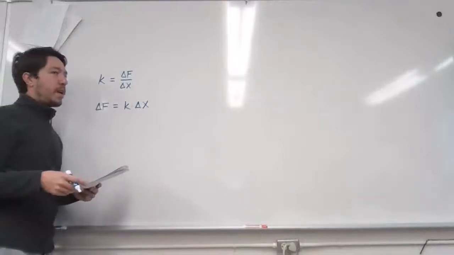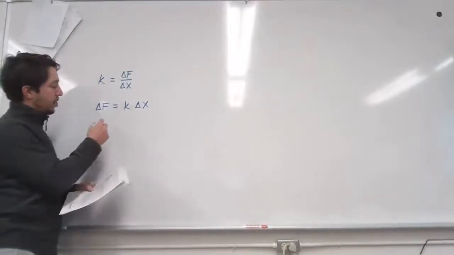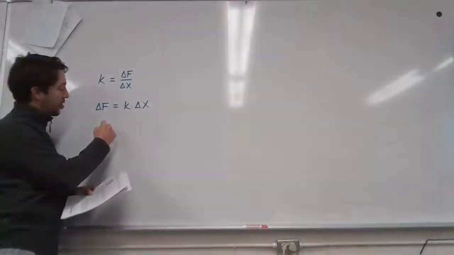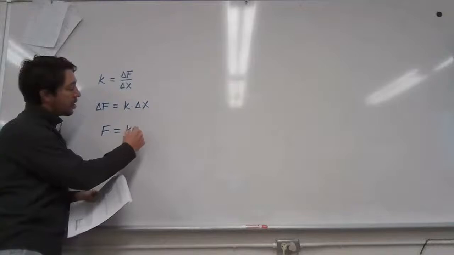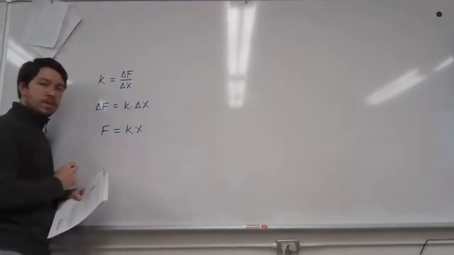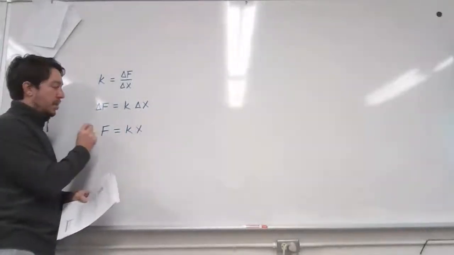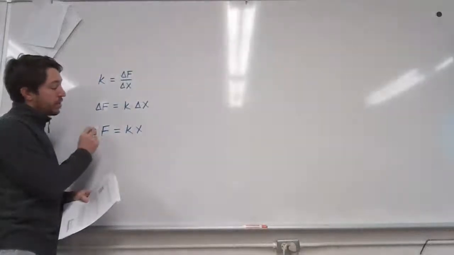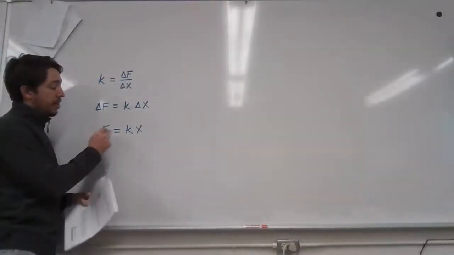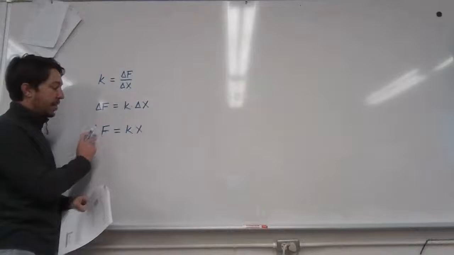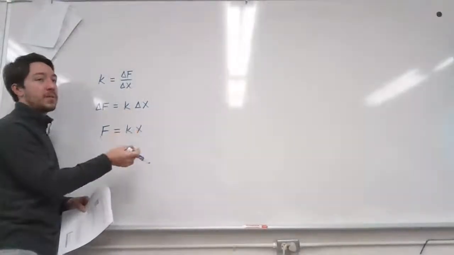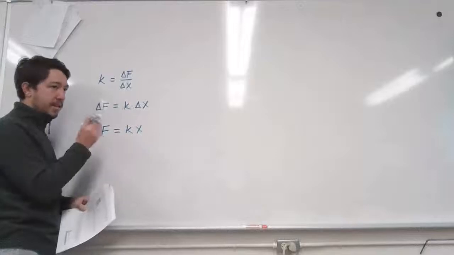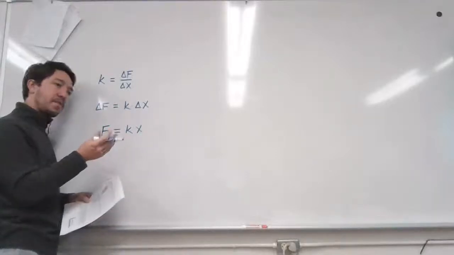Now, what you would find in a lot of texts, or if you Google spring constant, you might even find the formula written like this. Looks simpler, right? But just bear in mind that if you do this, they're very careful to put a caveat here that if you write it this way, x is the displacement from equilibrium, which is often a little confusing.